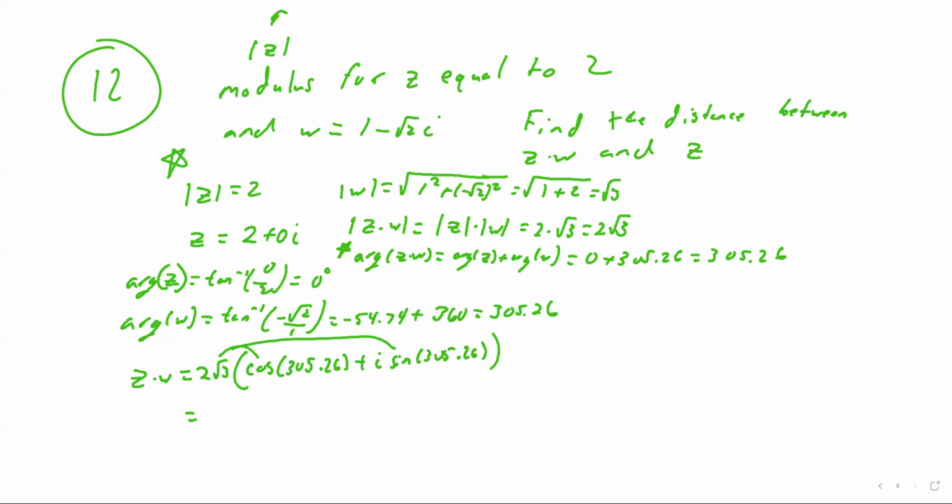So what are the decimals? This is going to be a positive. This is going to be a minus. What is it? 1.9999.